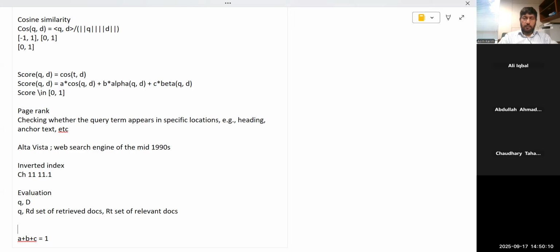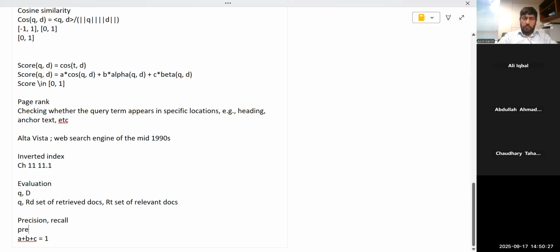ठीक है. So let's talk about some techniques, measures in a way for quantifying the performance of IR systems. One is precision and recall, which we have studied elsewhere as well. So I'll quickly mention these. So what is the precision of a query Q?